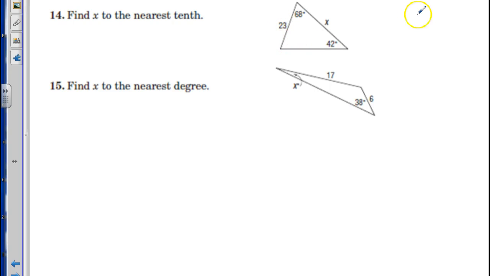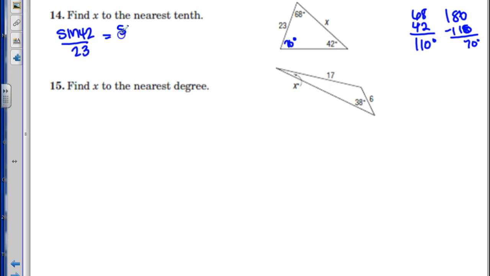I see that I'm missing an angle here. So we can add 68 and 42 together, which would be 110 degrees. Subtract that from 180, which would be 70 degrees. And that gives us this angle. Now we can use law of sines to find our missing value. So sine 42 over 23 equals sine 70 over x.